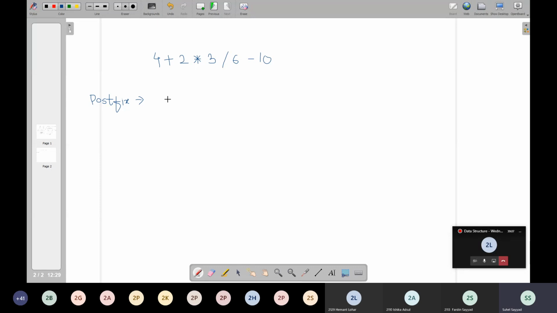Tell me postfix expression. Sir, one minute, sir. It should not take so long to solve. Stay alert. Rishikesh, mute yourself. Roll number 25. Nishant. Unmute yourself.